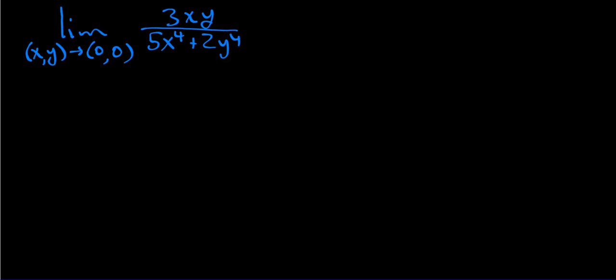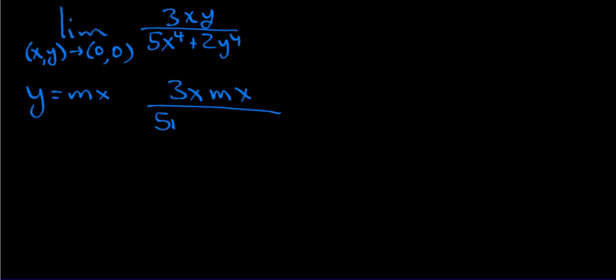But if you think about it, if you think about this path, y equals mx, let's see what you get. You get 3x mx over 5x to the fourth plus 2m to the fourth x to the fourth, right?